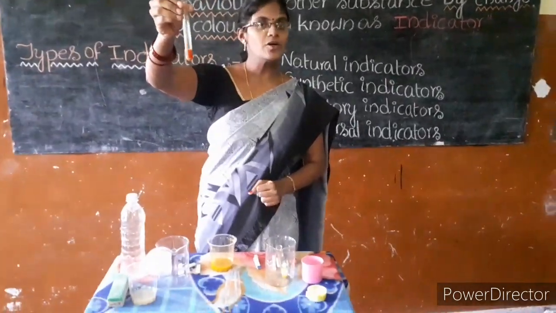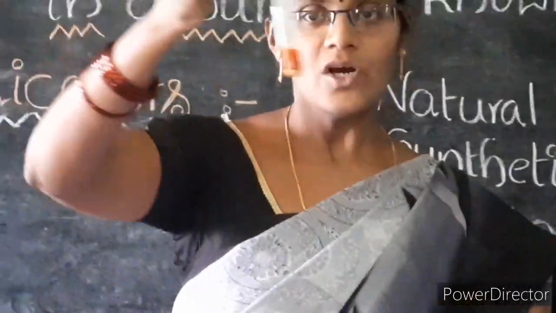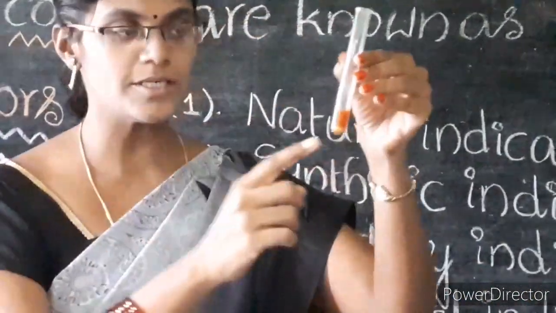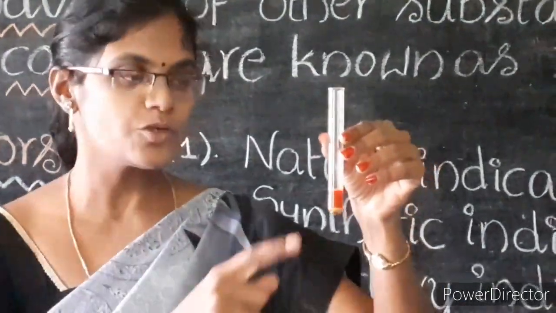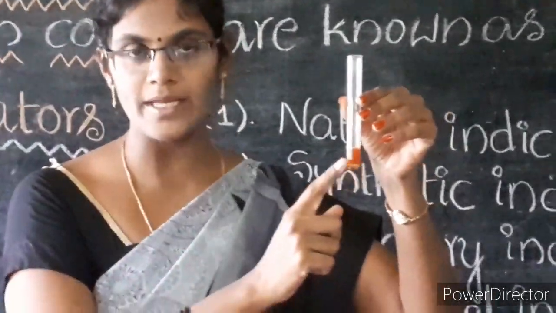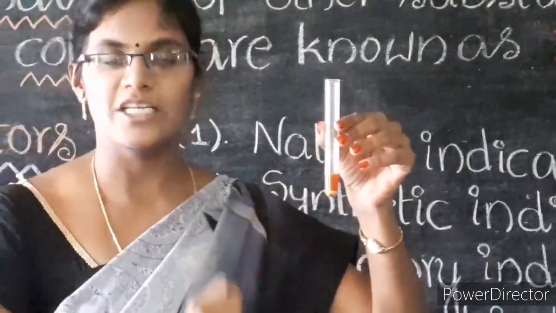Children, can you observe any color change in this test tube? Yes. What did we observe? It turns into reddish brown color. So from this what did we understand? When we add bases to the turmeric, the color of the turmeric solution changes into reddish brown.